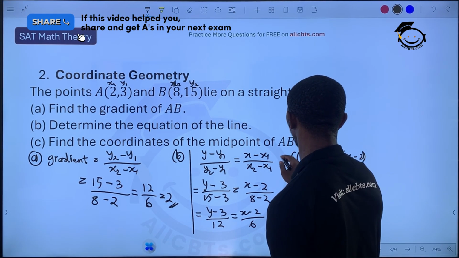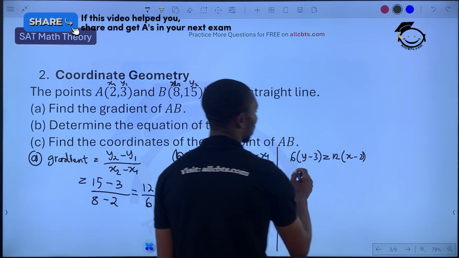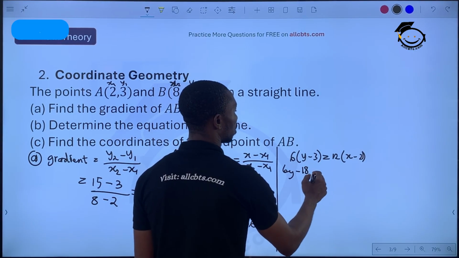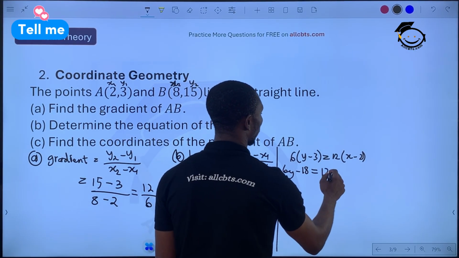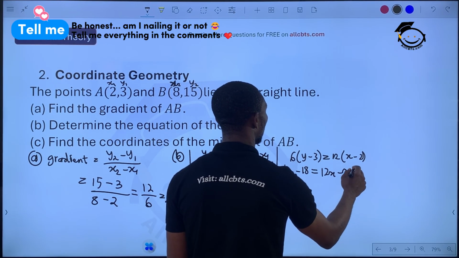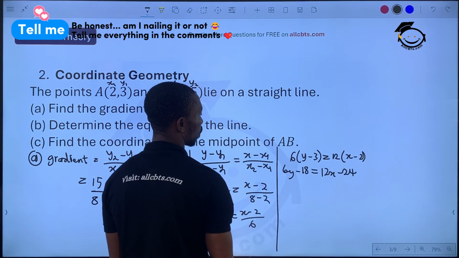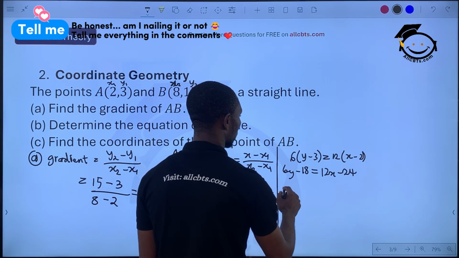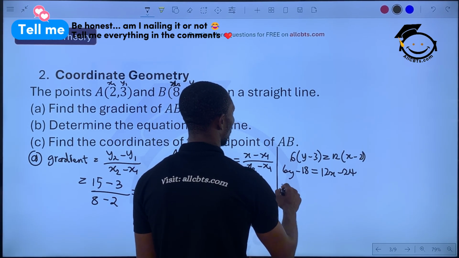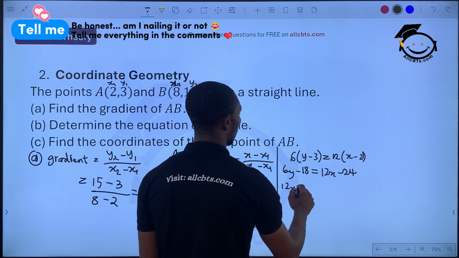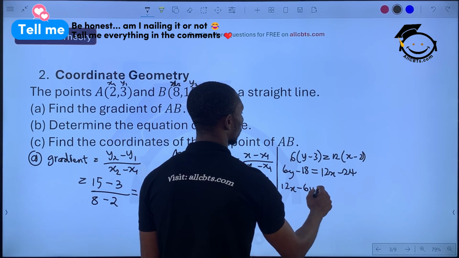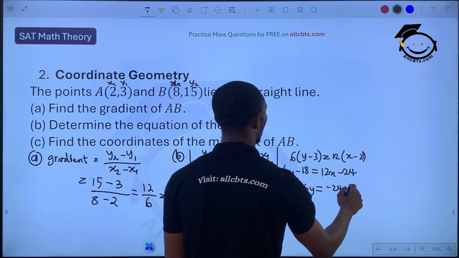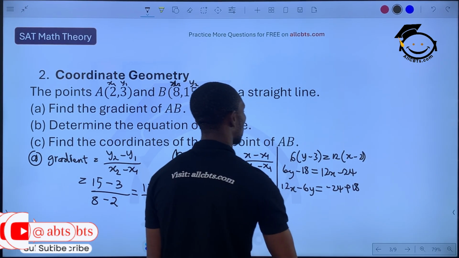Opening up our brackets, we have 6y minus 6 times 3, 18, equals 12x minus 24. Bringing our terms together, we have 12x minus 6y equals minus 24 plus 18.